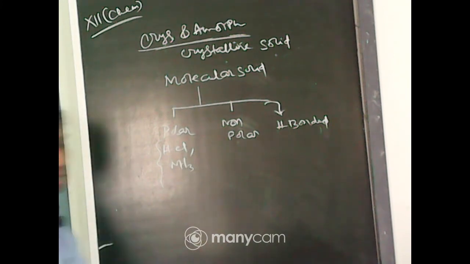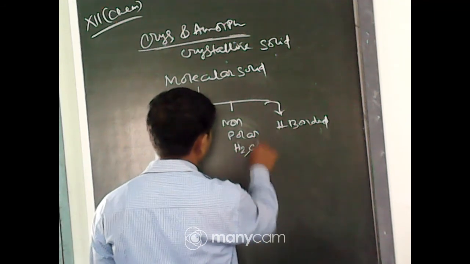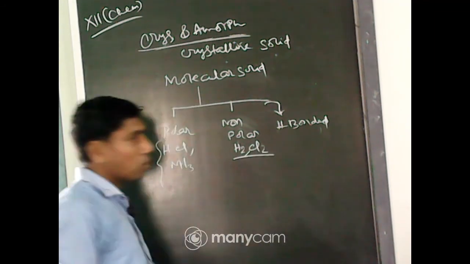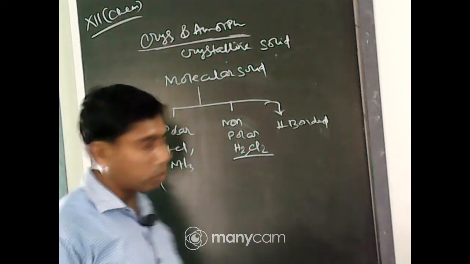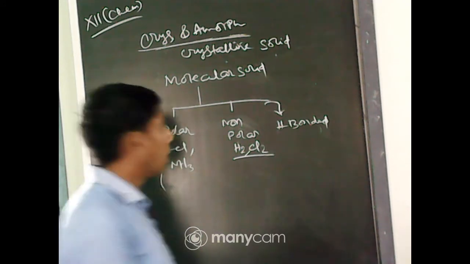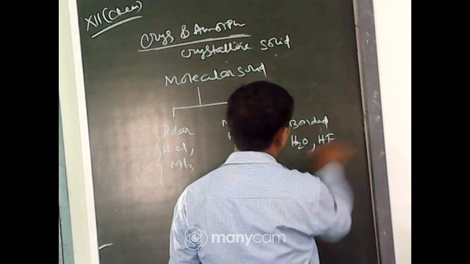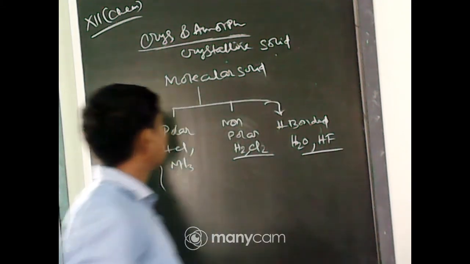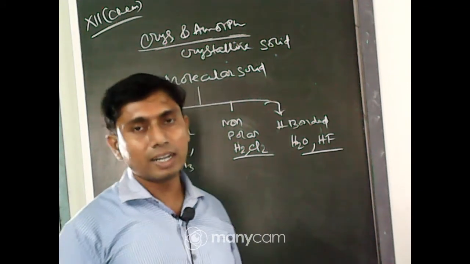Non-polar molecular solid, what is this? For example hydrogen, chlorine, because there is no difference in electronegativity, so it will be called non-polar. And what is hydrogen bonded? H2O, HF, these are hydrogen bonded, and they are also part of molecular solids.